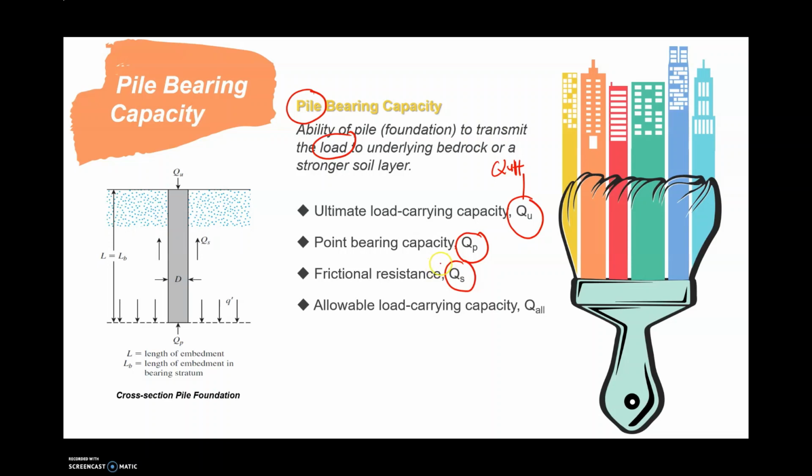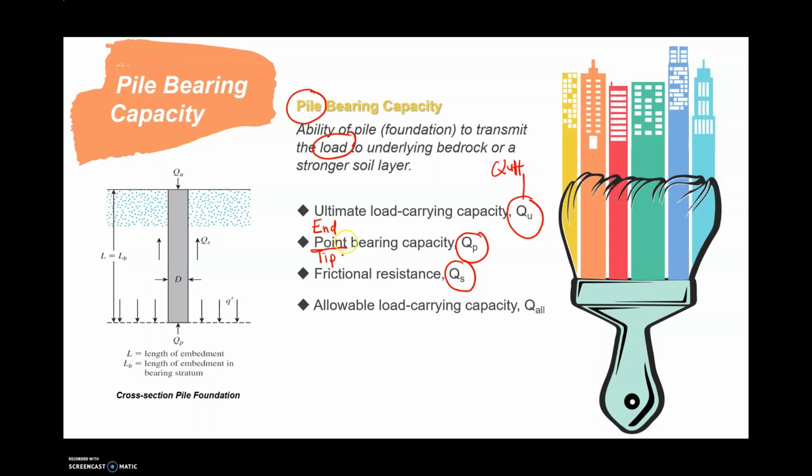Okay, so sometimes a few books will use the term point bearing capacity. Sometimes we use end bearing capacity, or sometimes we use tip bearing capacity. It's the same term for pile foundations.